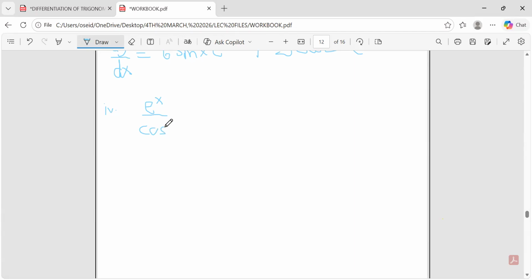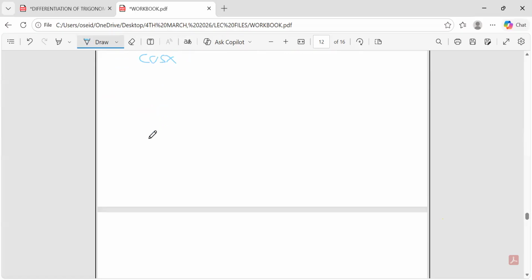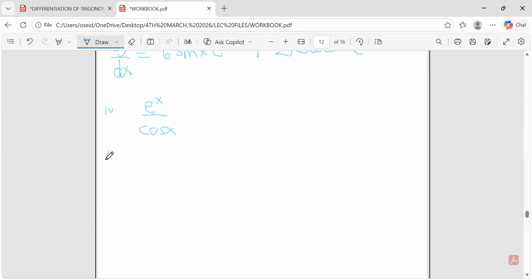Since it is a quotient, we follow the same process we use when we are differentiating using the quotient rule. So you see, let u equal the upper, which is e to the x.